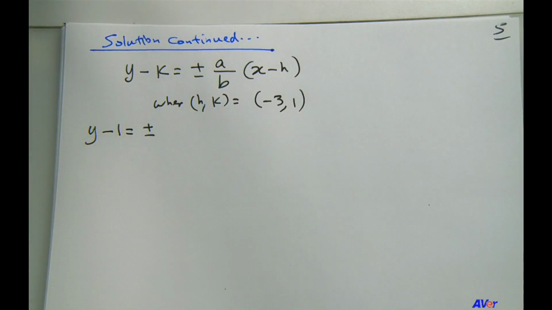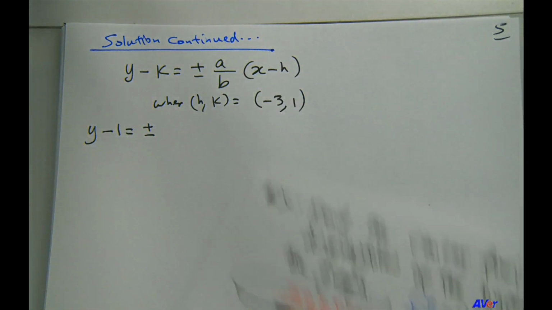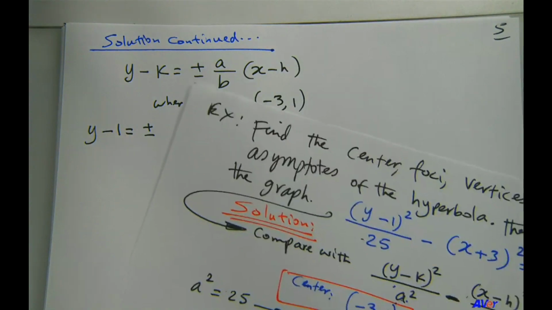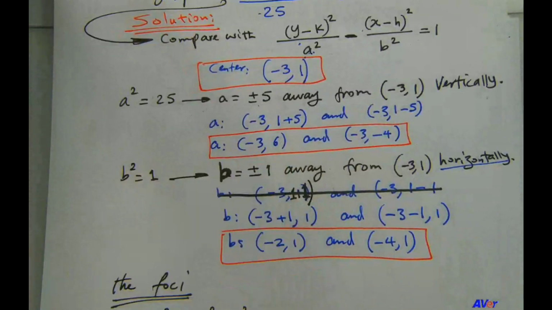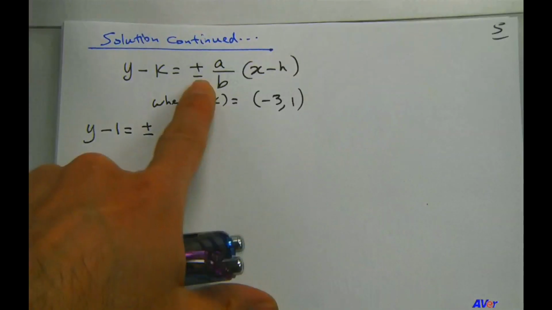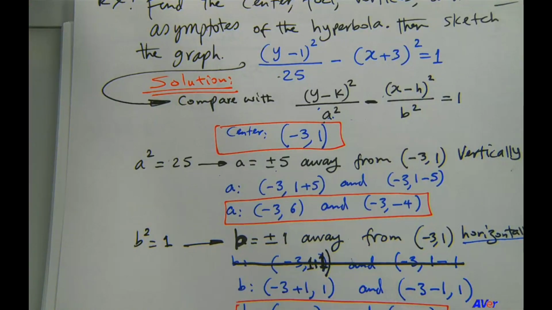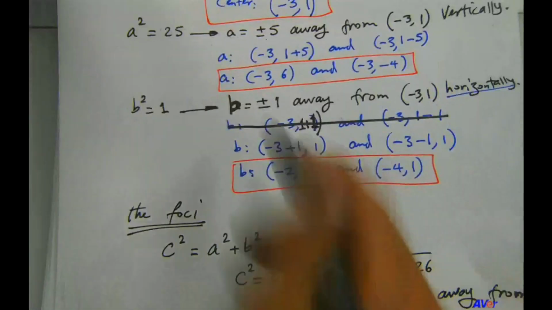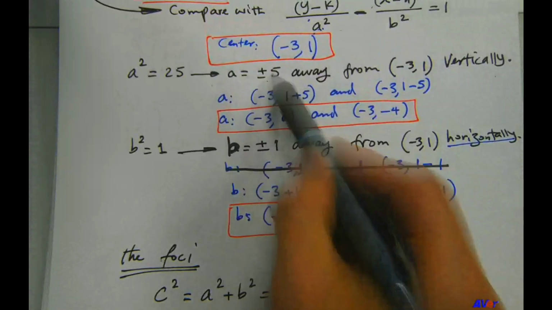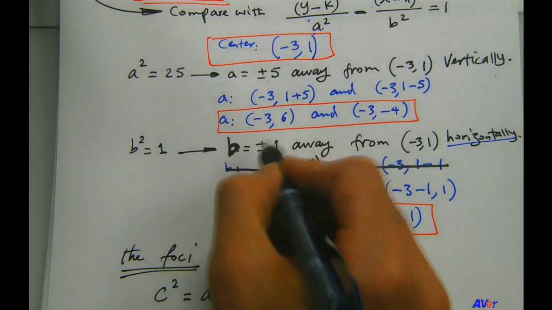a over b. A was plus or minus 5, B was plus or minus 1.